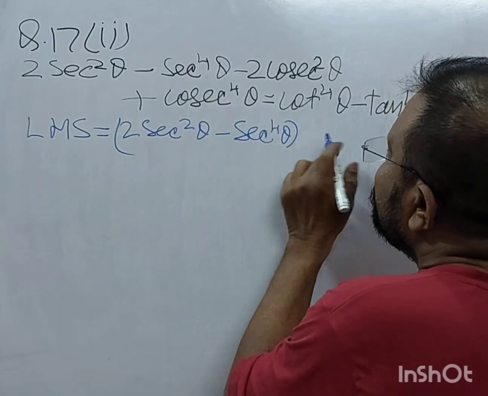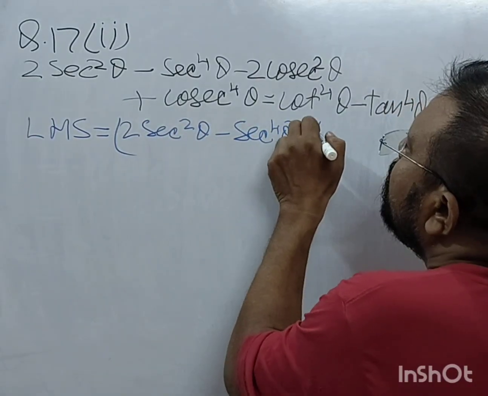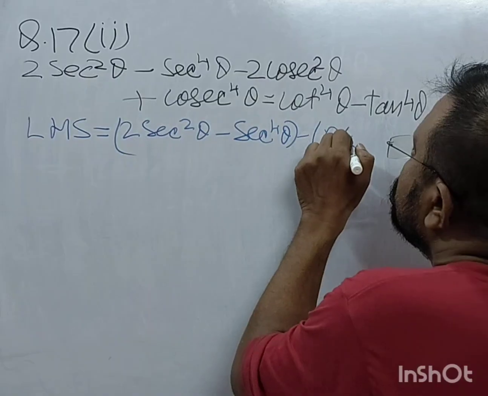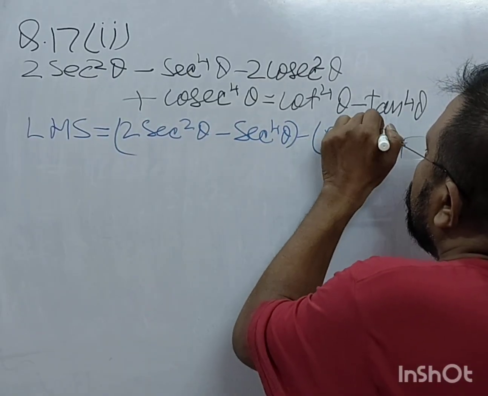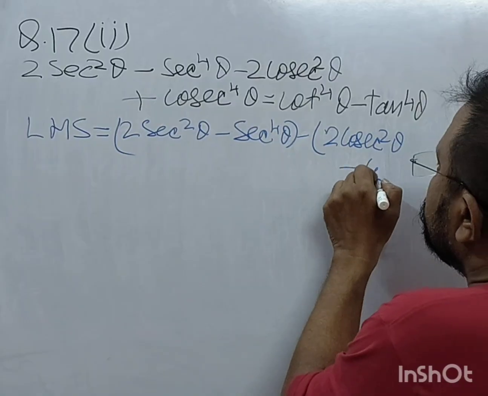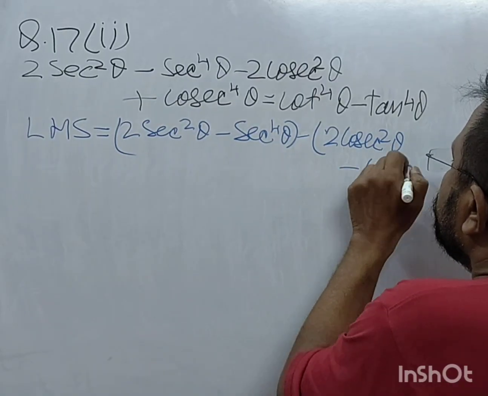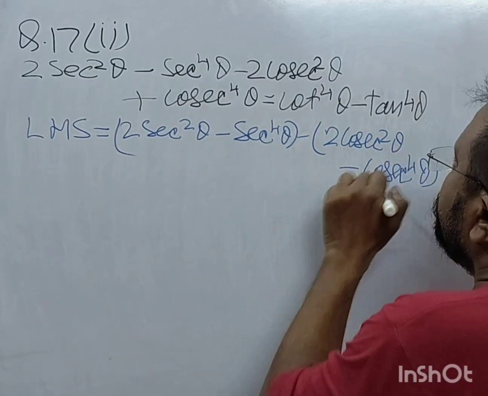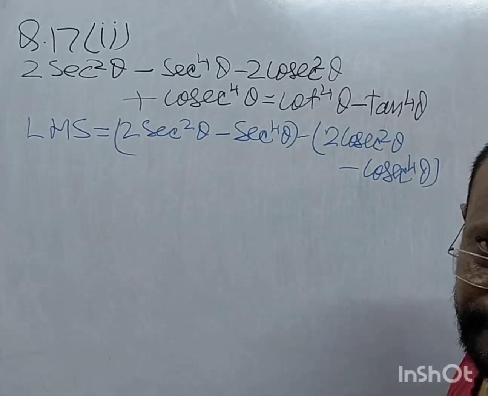Minus bracket 2 cosec square theta minus cosec raised to the power 4 theta. You get it?